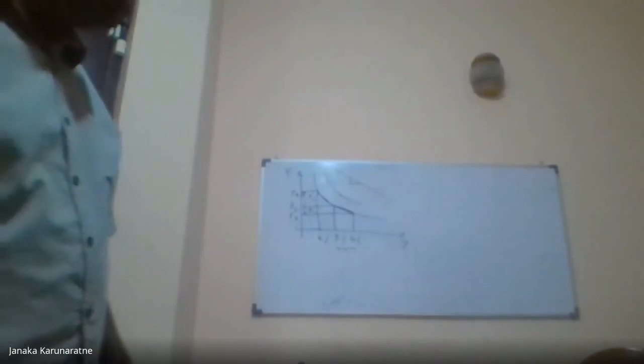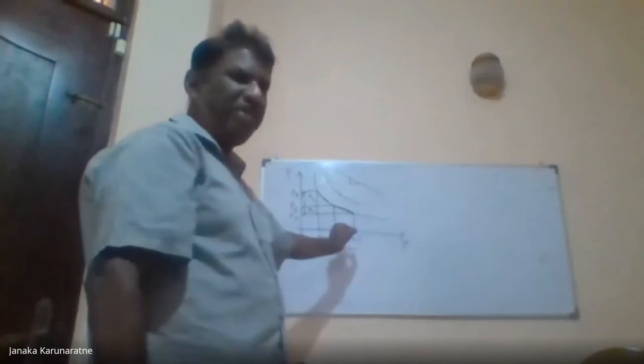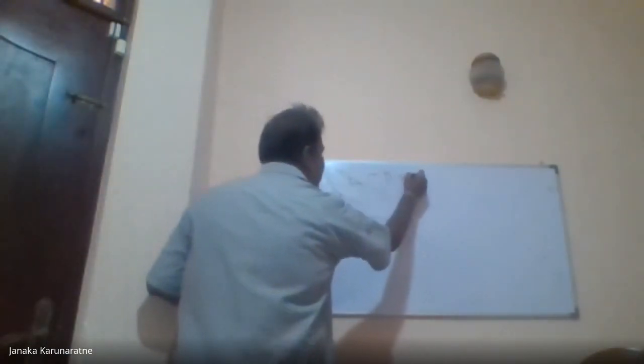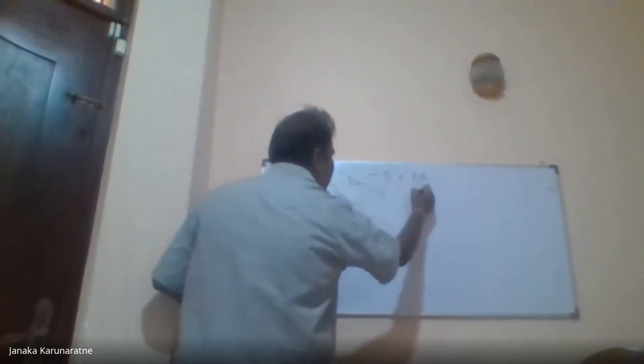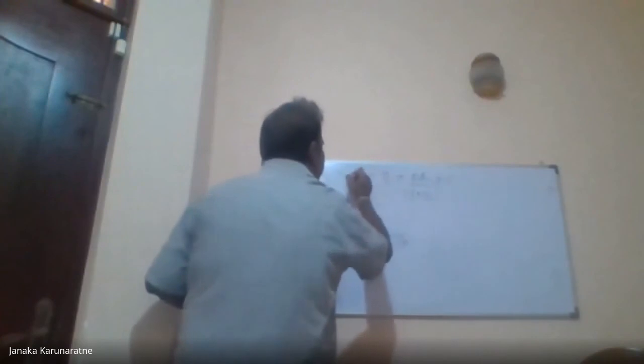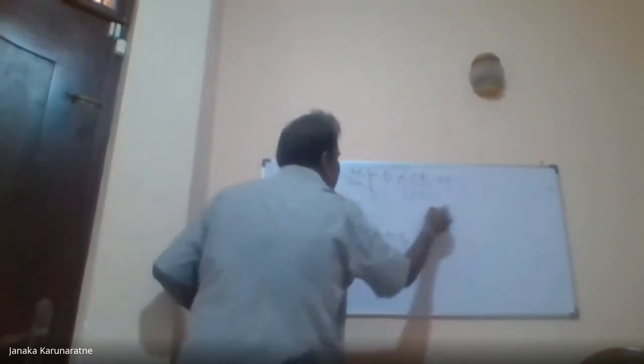Clear? For very small changes, we can use the formula straight away. That is, the formula is minus D times delta R over 1 plus R times price. So change in price equals this, right?